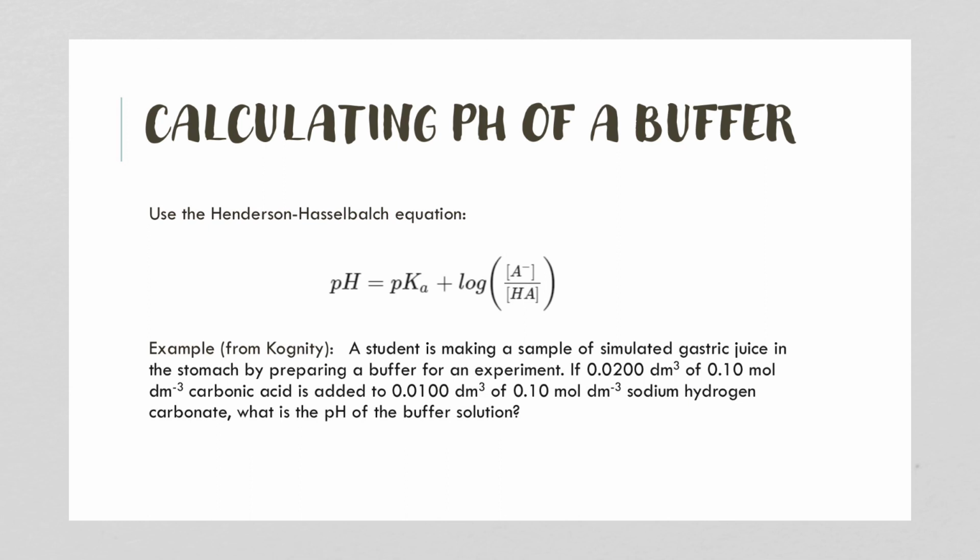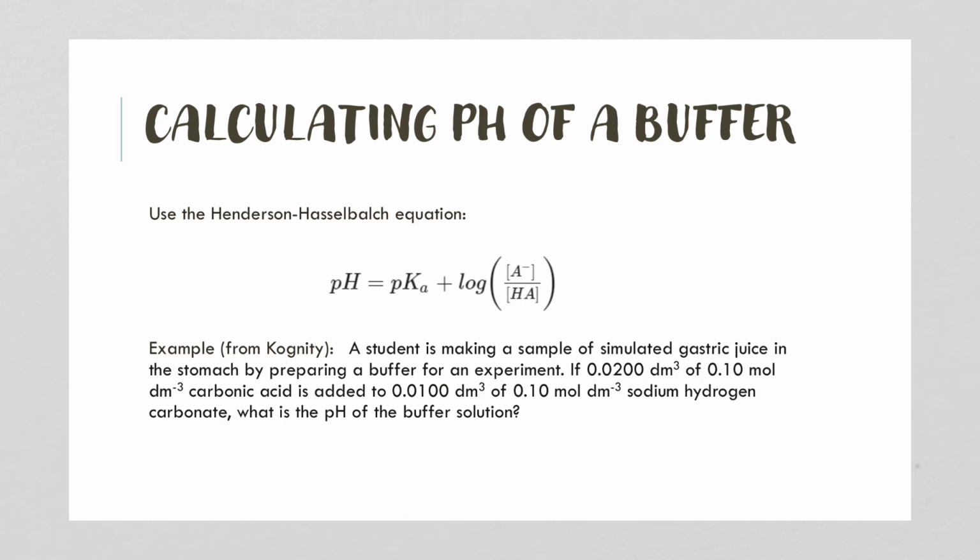A student is making a solution of simulated gastric juice in the stomach by preparing a buffer for an experiment. If 0.02 liters of 0.1 mole per liter carbonic acid is added to 0.01 liters of 0.1 mole per liter sodium hydrogen carbonate, what is the pH of the buffer solution?